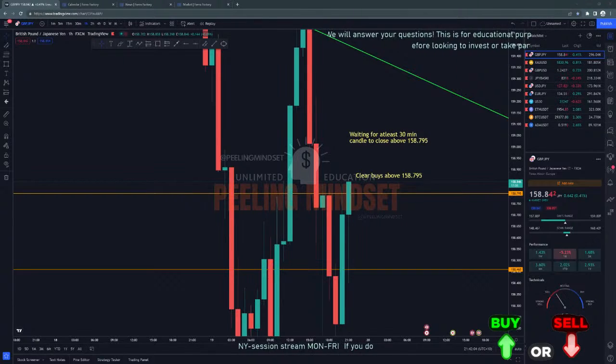Anticipating some volume in pound yen's market. Beautiful buys. Buys playing out here. Nice. Very nice.